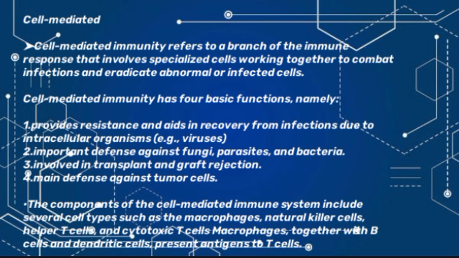The components of the cell-mediated immune system include several cell types such as the macrophages, natural killer cells, helper T cells, and cytotoxic T cells. Macrophages, together with the B cells and dendritic cells, present antigens to T cells.